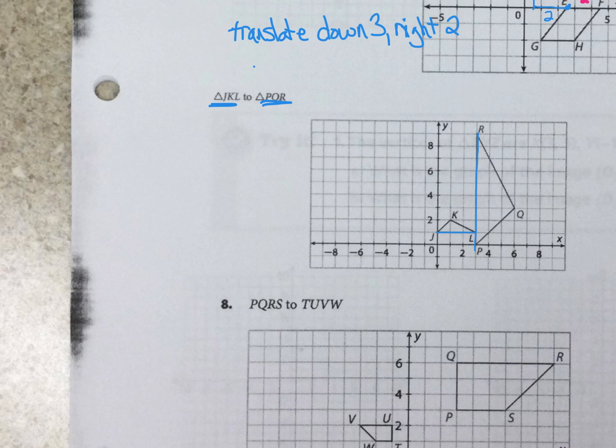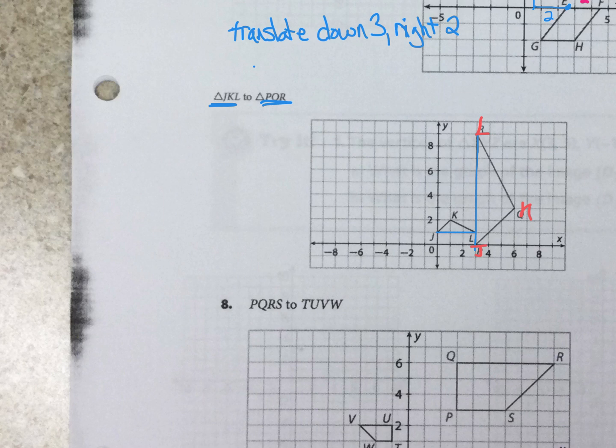So the first thing though, let's do is I'm going to write J maps to P, K maps to Q, and L maps to R. Okay, so I can kind of see it needs to be turned around and up, but let's do the dilation first.